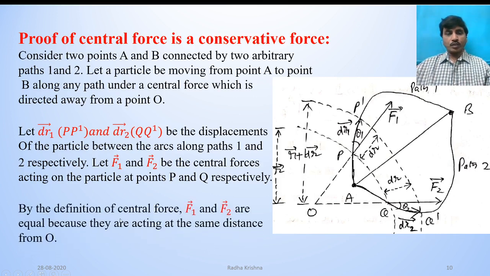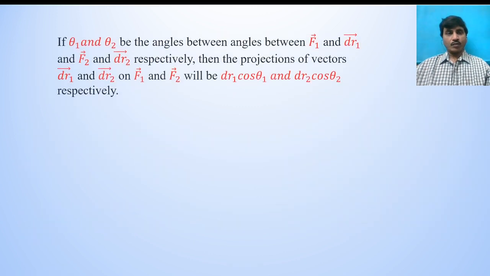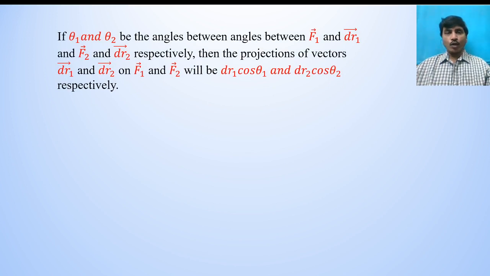By the definition of central forces, F1 bar and F2 bar are equal because they are acting at the same distance from O. If theta 1 and theta 2 are the angles between F1 bar and dr1 bar, and F2 bar and dr2 bar respectively, then the projections of vectors dr1 bar and dr2 bar on F1 bar and F2 bar will be dr1 cos theta 1 and dr2 cos theta 2 respectively, as shown in the figure.